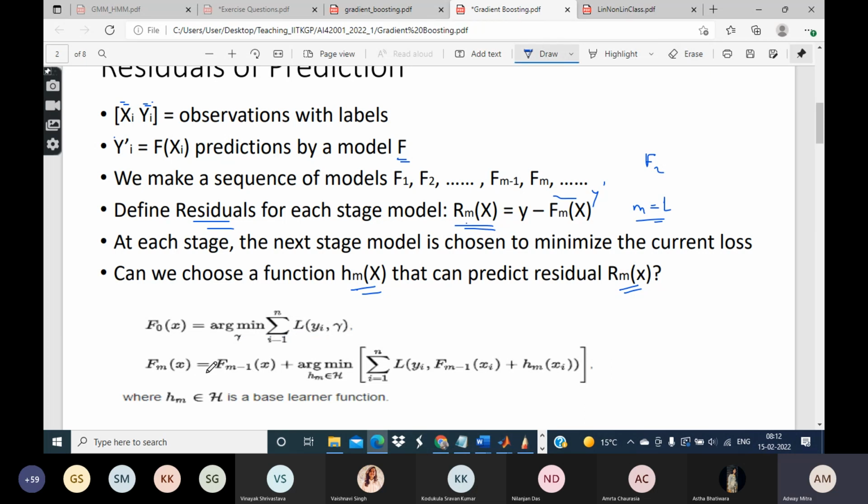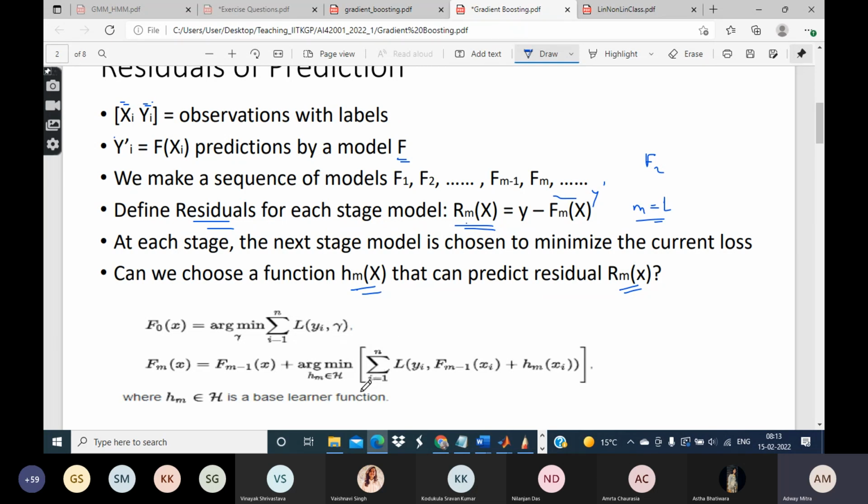Now for Fm, when you are considering the mth model in the mth sequence, by then you already have got the m minus 1th model. This model makes some prediction on x, on the feature vector x. So this m minus 1 model will not be predicting the labels perfectly, some residual will be left.